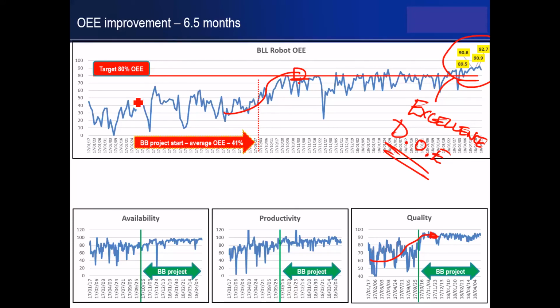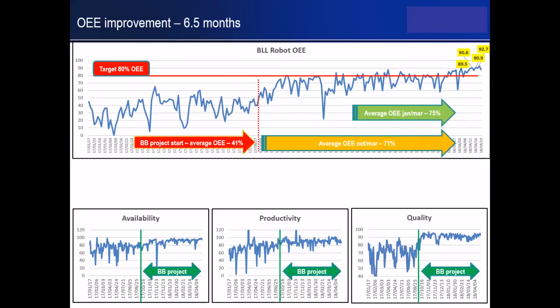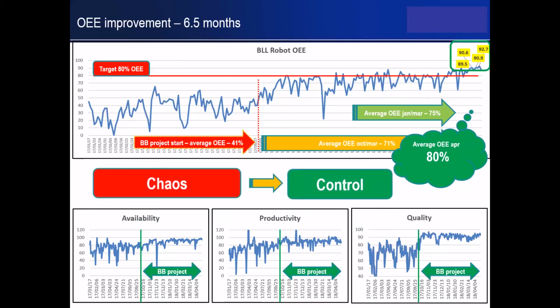But look what she's achieved. Chaos to control. So let's just pop these in. Look, so 71 initially, then it's gone to 75 for January to March this year. She's still dreaming of whether 80% is possible, but she managed to get it there by doing a DOE. Chaos to control.